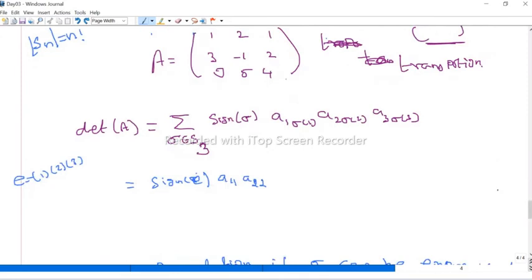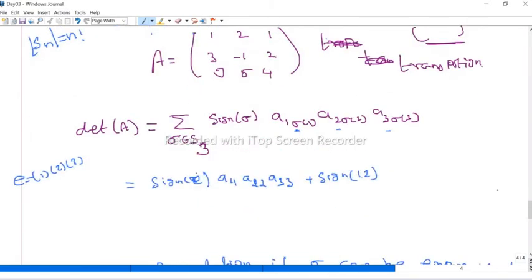Now A1 1, because I am taking the identity permutation. Here sigma equals the identity, which means 1 maps to 1, 2 maps to 2. So here A1 1, A2 2, A3 3. Plus, I am taking the next permutation from the group, sign of 1 2.